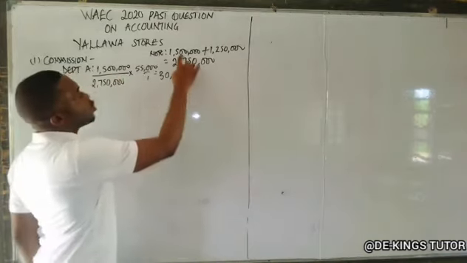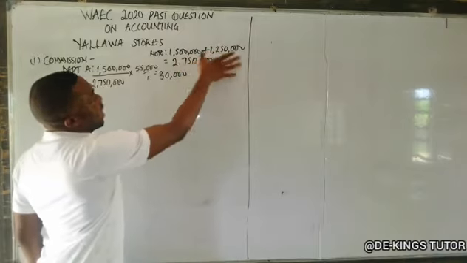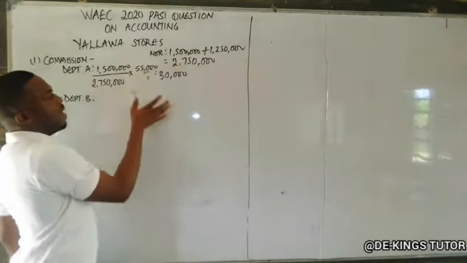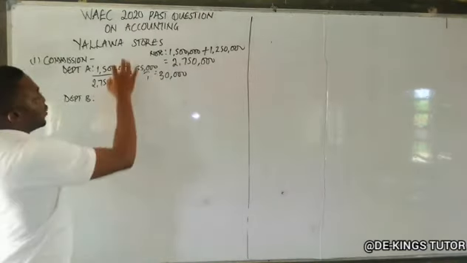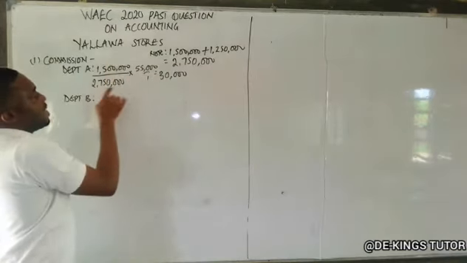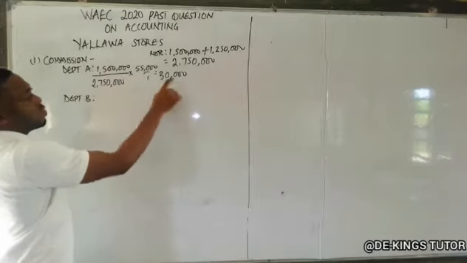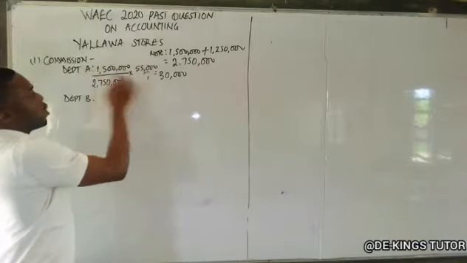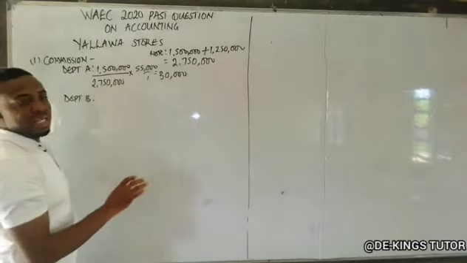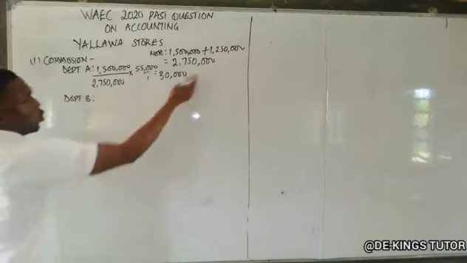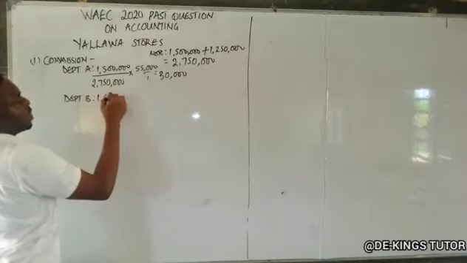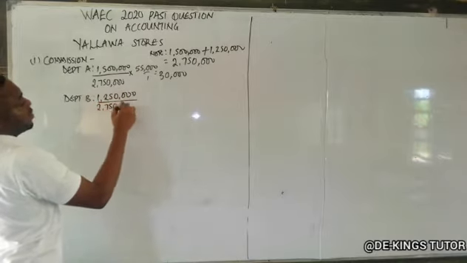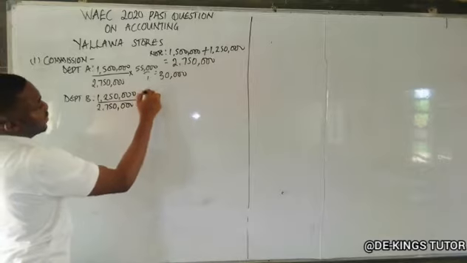For Department A, 1,500,000 divided by the total times the commission amount is what is to be charged to Department A. Department B will now be 1,250,000 over the total times 55,000, the commission amount. So we have 25,000.